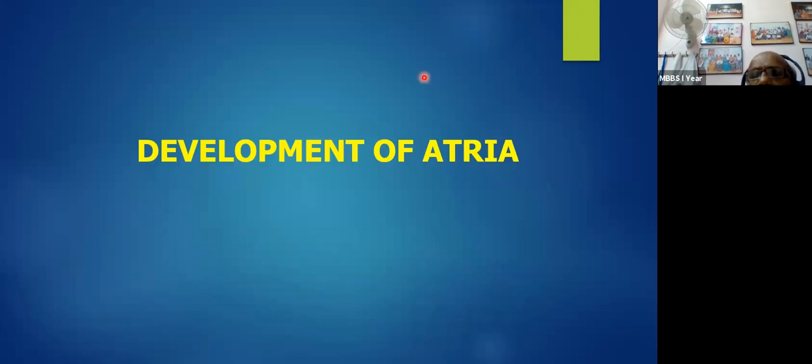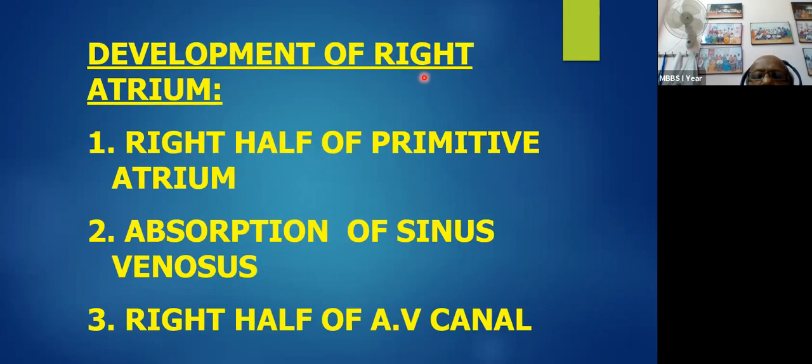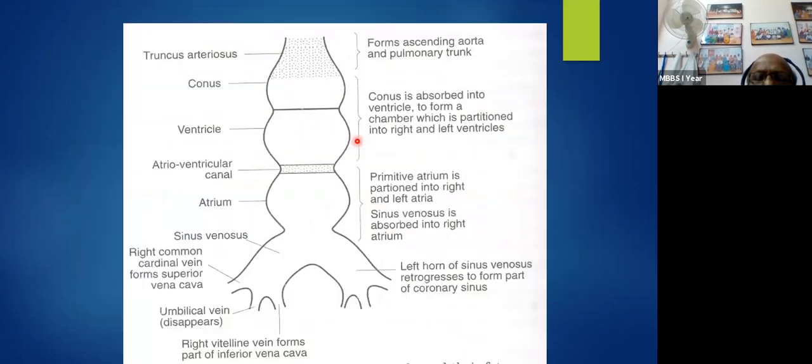So now we will see the development of the atria first. Already you are very clear with that. Your right atrium is a very important essay question. In that we definitely ask to add a note on its development. What is the development of the right atrium? So the right half of the primitive atrial chamber, that I have already shown. This is your atrium, this is the ventricle. This is the right half, this is the left half.